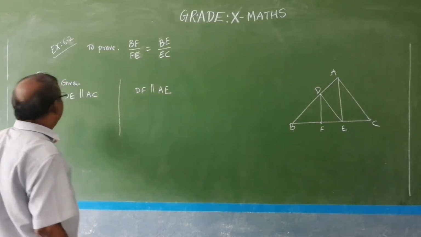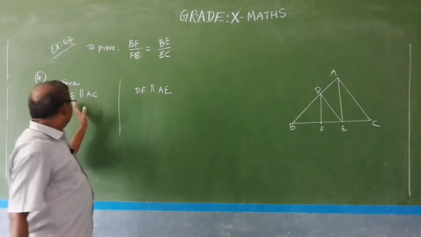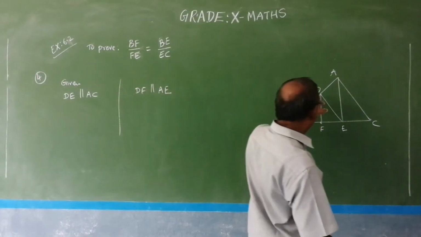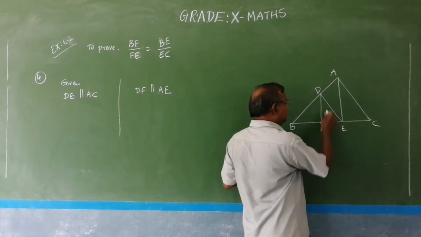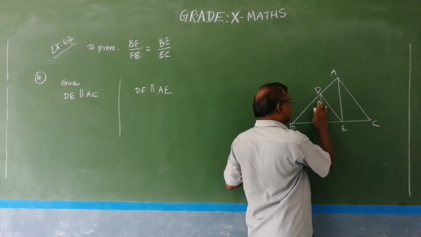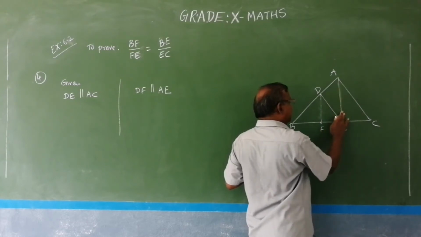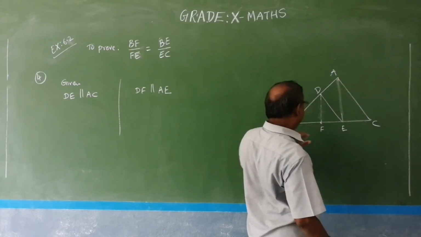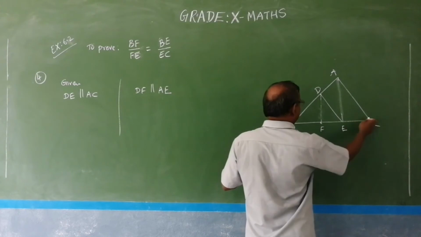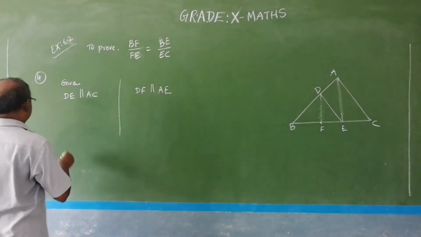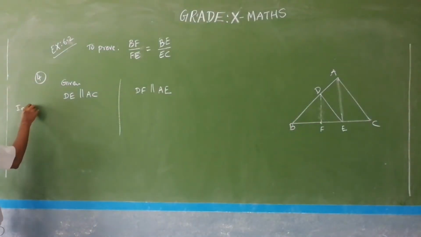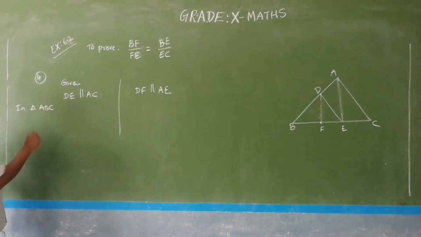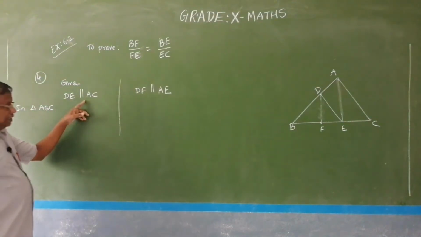See, they are given DE parallel to AC. So DE parallel to AC means forget these two lines. So in this diagram, in triangle ABC, they given that DE parallel to AC.